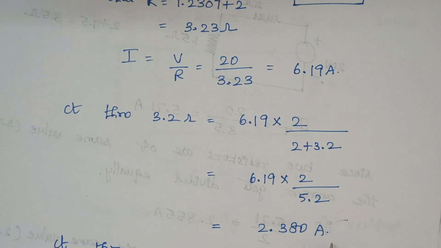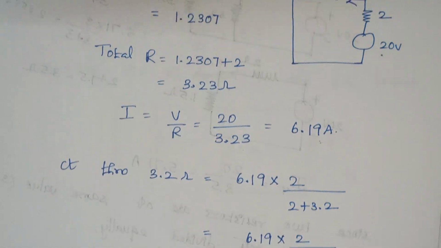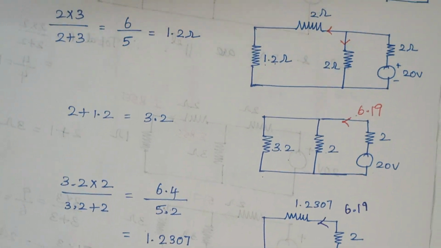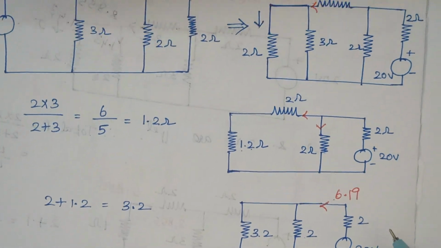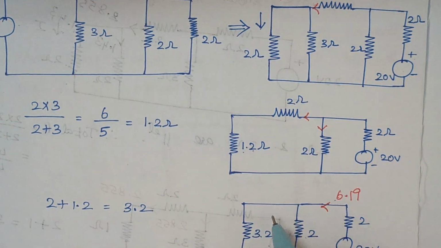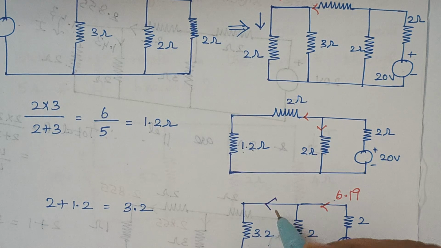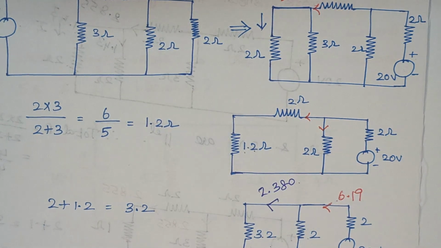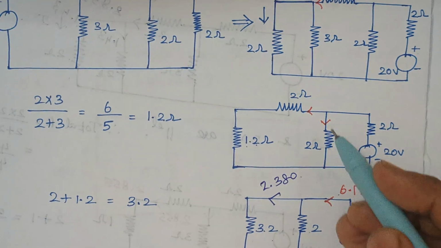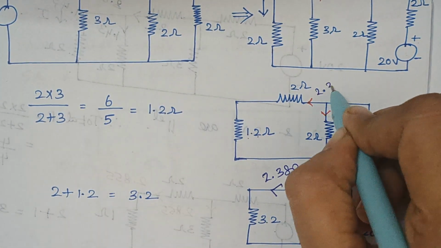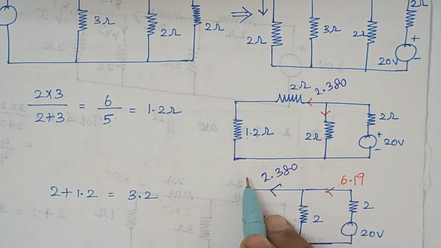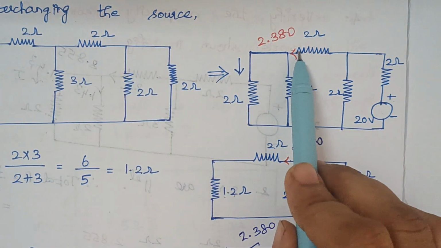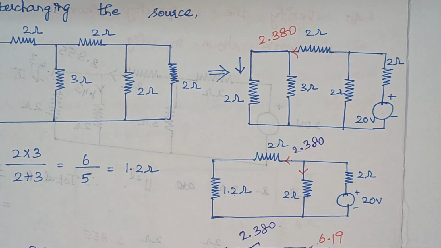2.380 amps, right? So again when you move gradually upwards, the current that flows through this path is nothing but 2.380. When you reframe it, 2.380 flows through this, and again the same 2.380 flows like this.